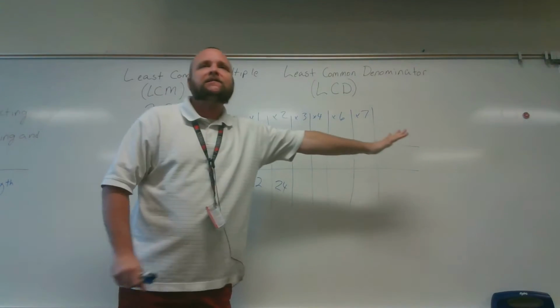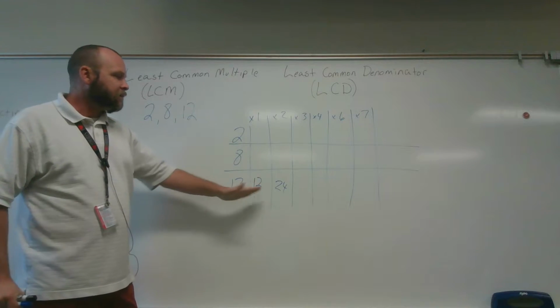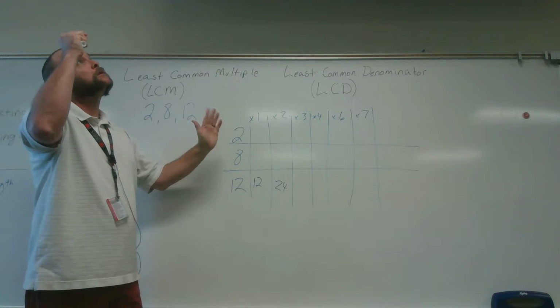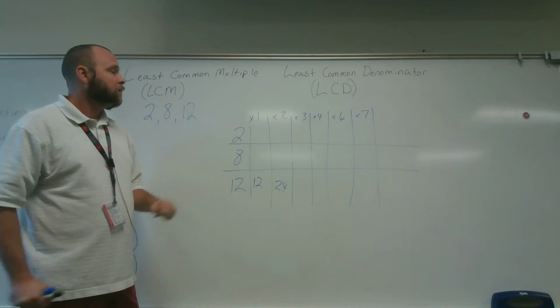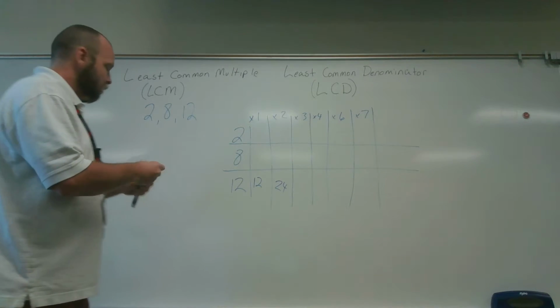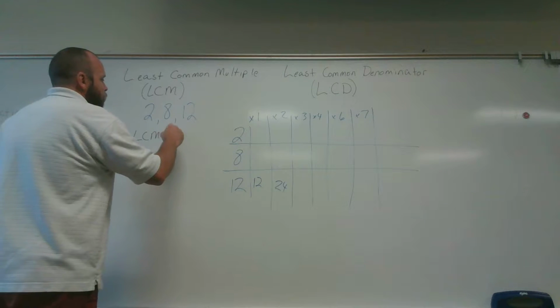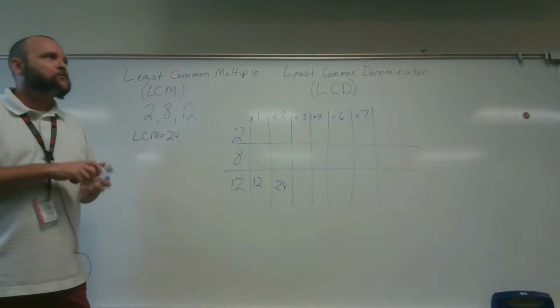I don't have to list it out. If I just take my largest number, and every time I do another multiple of it, ask myself, is that number a multiple of this? Is that number a multiple of this? Then my least common multiple equals 24.